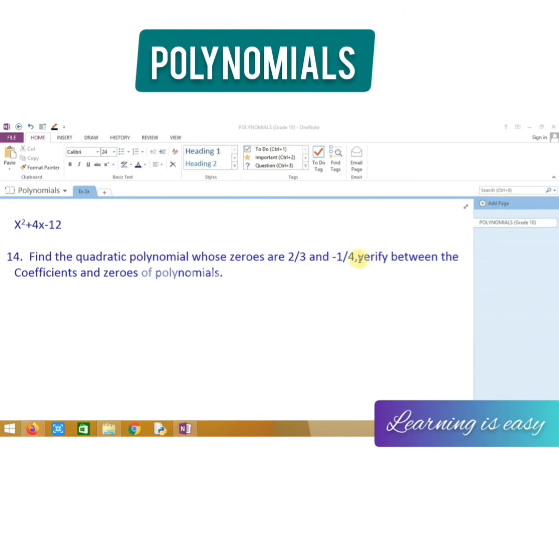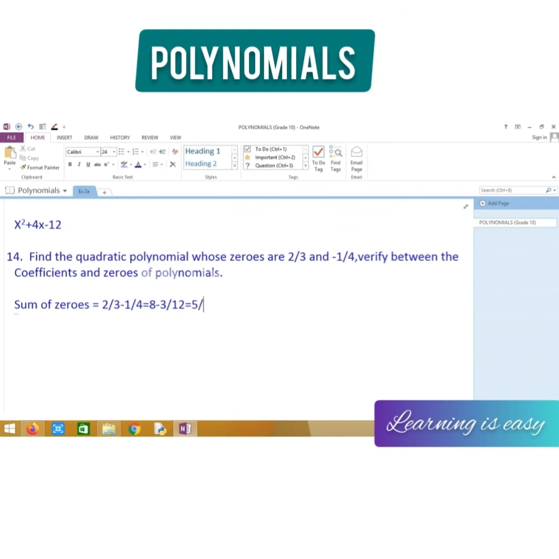The next question is also in a very similar way. We need to find the sum and product. The sum of zeros is 2 by 3 minus 1 by 4. So 8 minus 3 by 12, since 4 threes are 12.